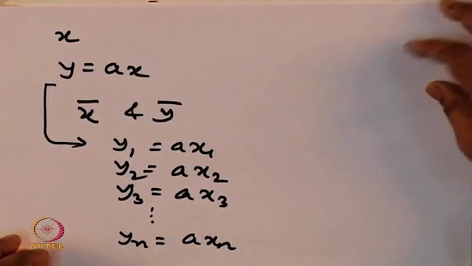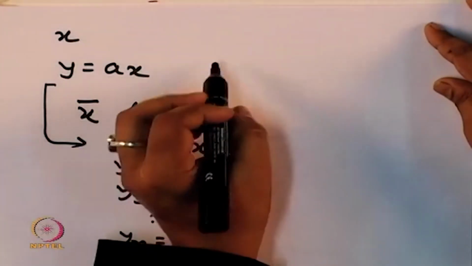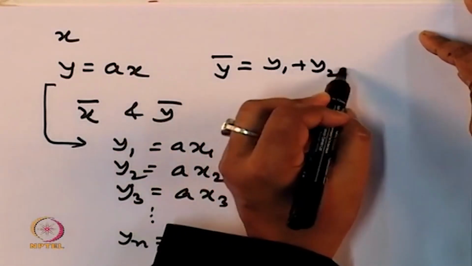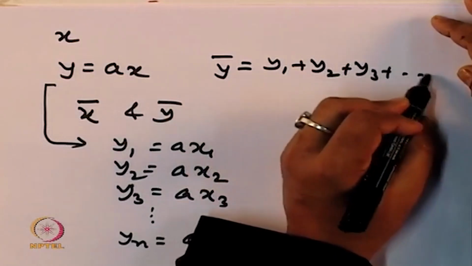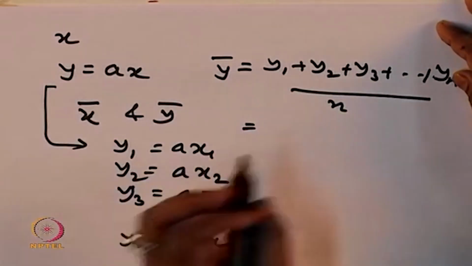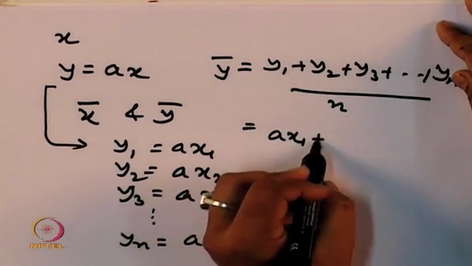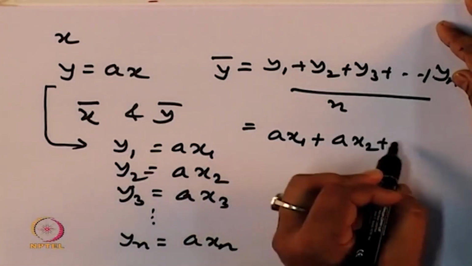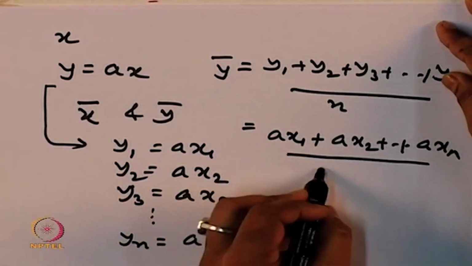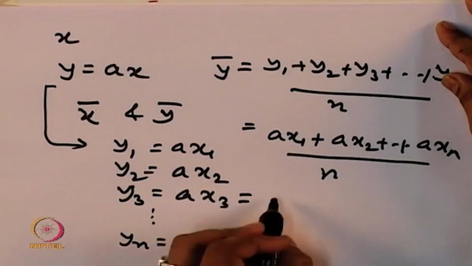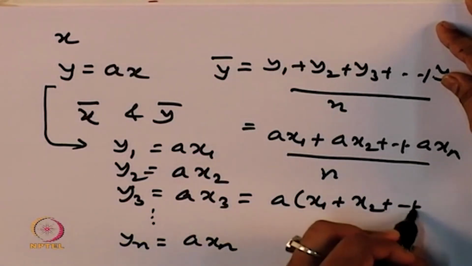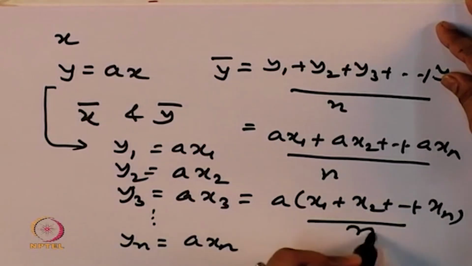Okay. So, then we can derive, what is my definition of y bar? Y bar has to be nothing but y1 plus y2 plus y3 up to yn by n. So, y1 is nothing but a x1 plus a x2 up to a xn by n. I can take a common and it is x1 plus x2 up to xn by n.